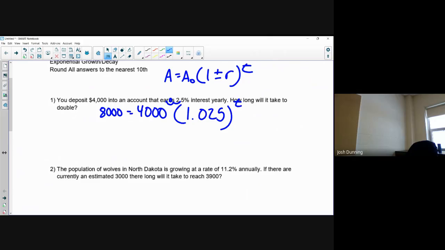Here it is. I don't know the exponent, so we're going to use a logarithm to solve this problem. I've got to cancel out anything that's not part of the base and exponent. So this 4,000 is multiplying, so I've got to cancel it out by dividing.